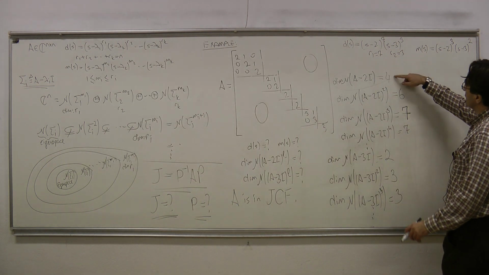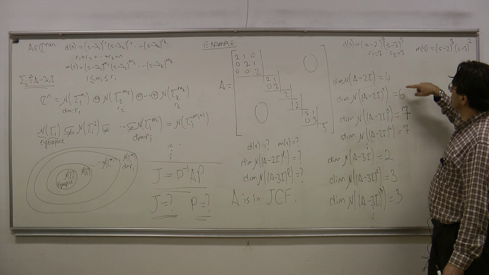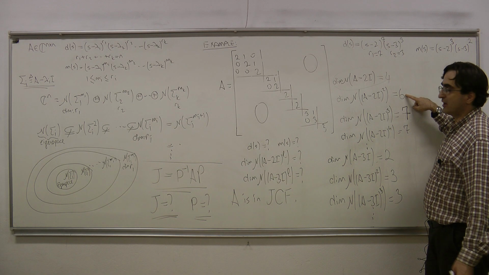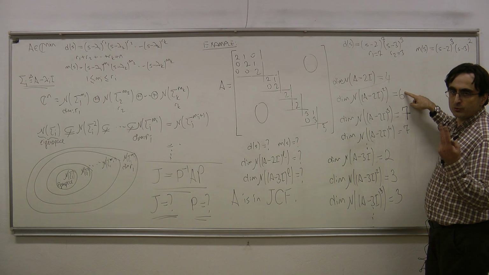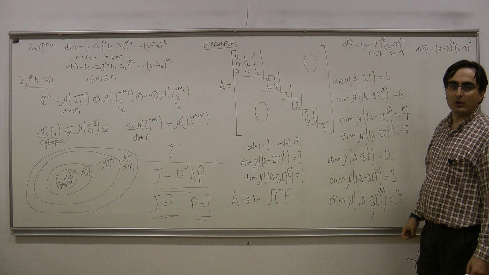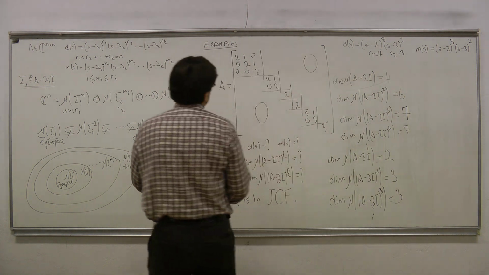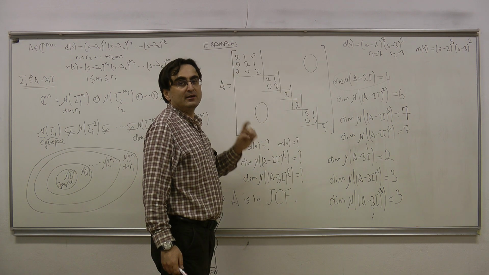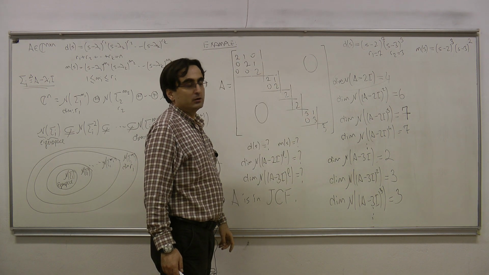What about this increase here? This increase from 4 to 6. What does that number represent? So from 4 to 6, I add 2. What is 2 here about the number of Jordan blocks? Here 2 is the number of Jordan blocks whose size is larger than or equal to 2 for the eigenvalue 2.